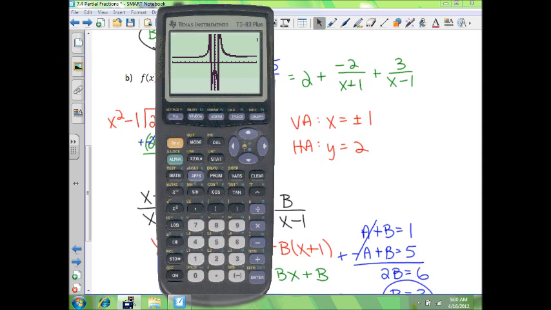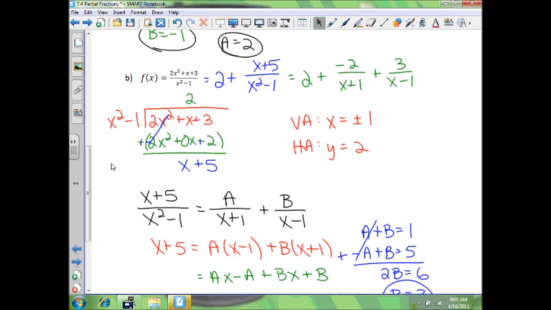As you can see, the graphs are exactly the same, so we do have the correct partial fraction decomposition, which means the vertical asymptotes and horizontal asymptotes are the same.